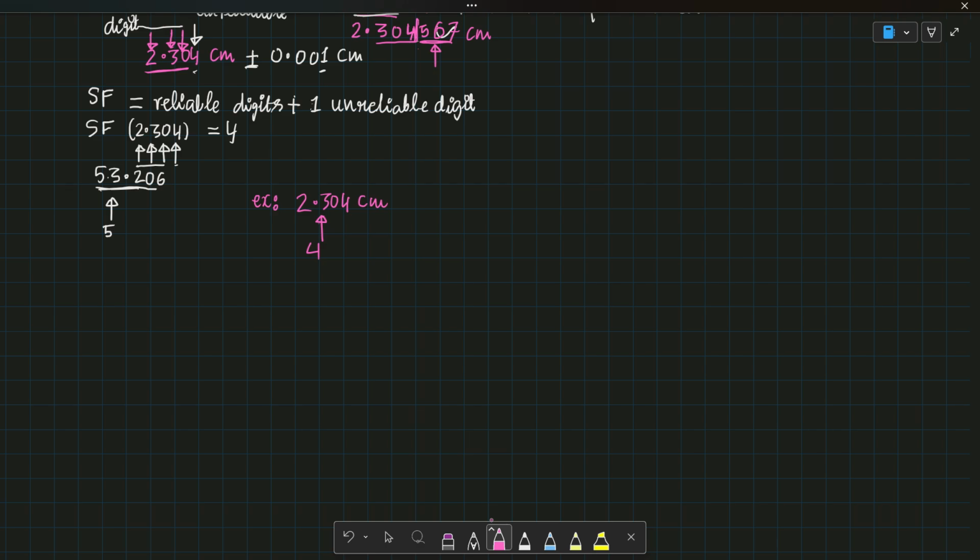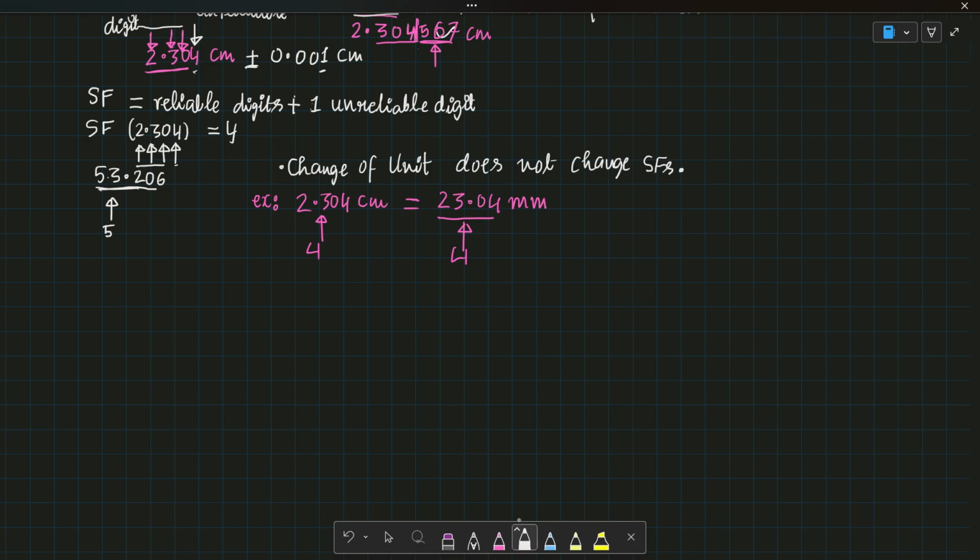But if somebody changes its unit and we now report it as 23.04 millimeters, what will be the significant figures? This will also have 4 significant figures. So the rule, which is common sense, is that change of unit does not change significant figures.